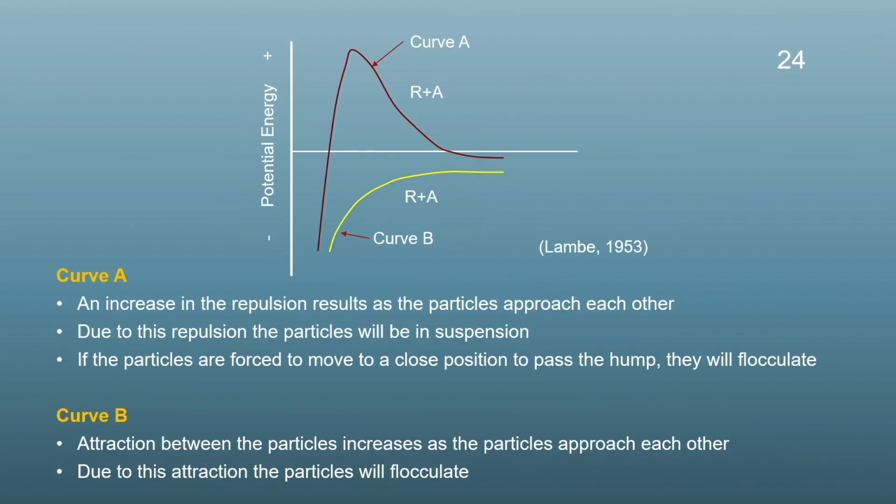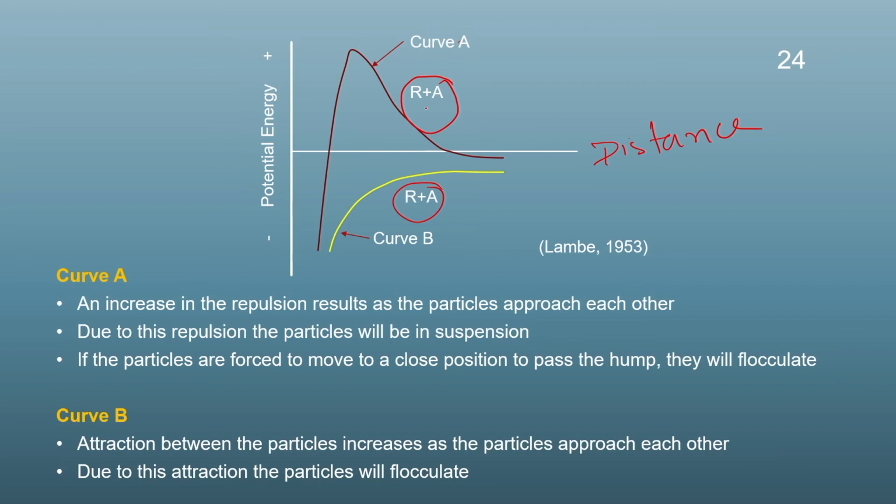If we look at the two scenarios in which the attractive and repulsive forces exist, we have two different curves here: curve A and curve B. This is the curve representing the attractive forces plus repulsive forces with distance. So, this is the distance.